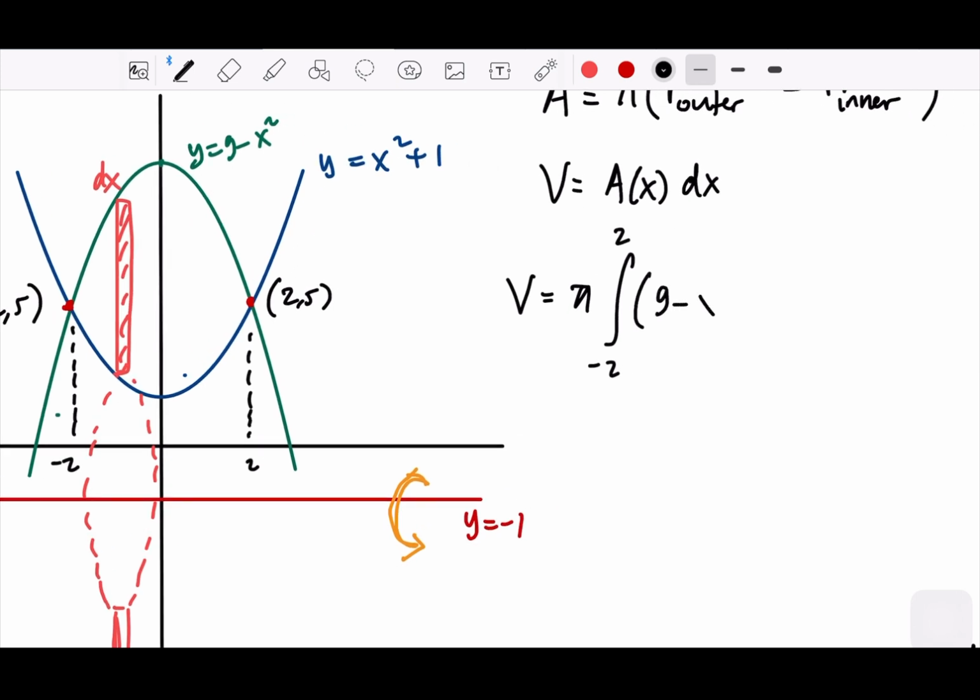So 9 minus x squared, plus 1, squared. If you are confused about this sign, you can just see that this is the outer radius from the original one, so you just need to add 1 here. The distance is 1, right? From 0 to 1.